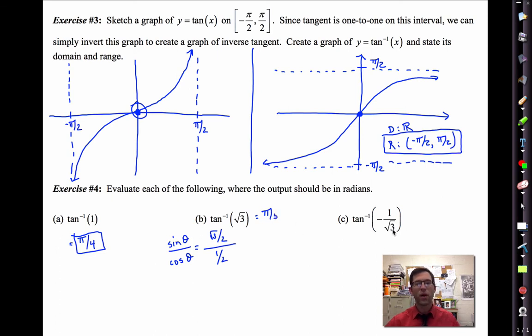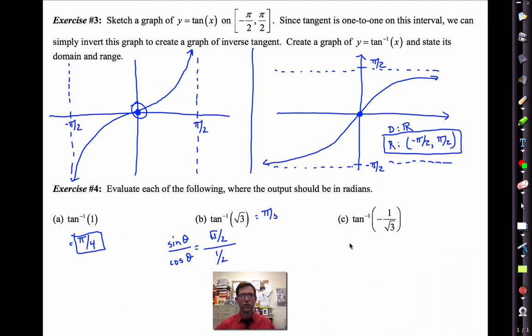Finally, maybe the hardest one, if we have an inverse tangent that's negative 1 over root 3, well, thinking reference angles, it must have looked something like that, where, again, sine and cosine, right? So our reference angle is definitely pi over 6, but the tangent's negative, so we have to be down here, right?